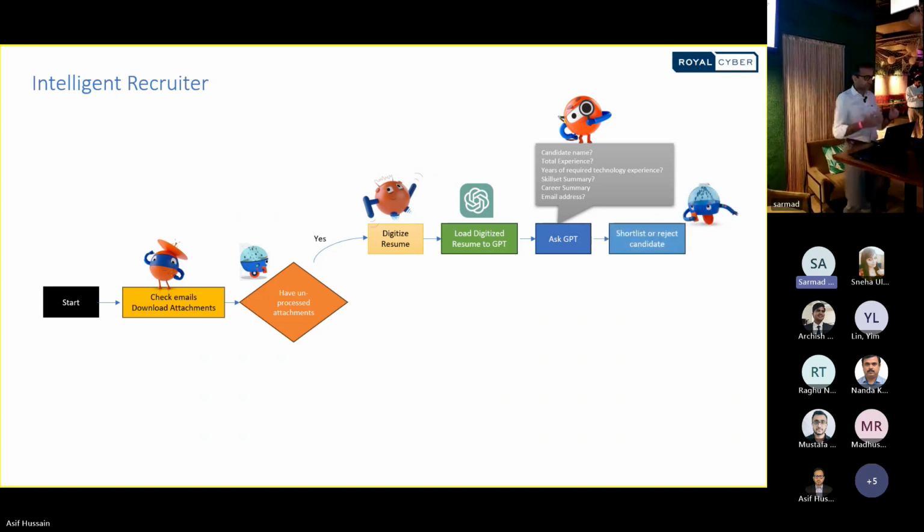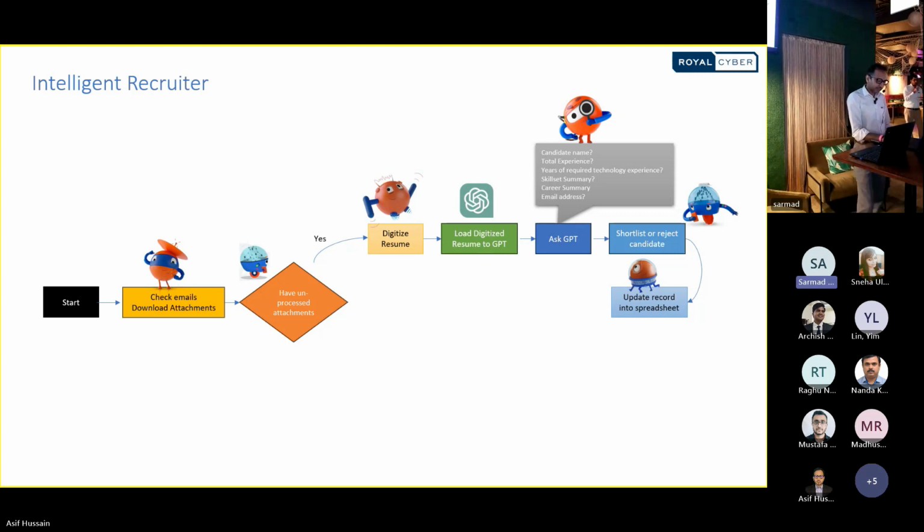These questions can of course be configured according to a customer's need. Based on certain criteria already fed into the system, it will either reject a candidate or shortlist them for interviews.